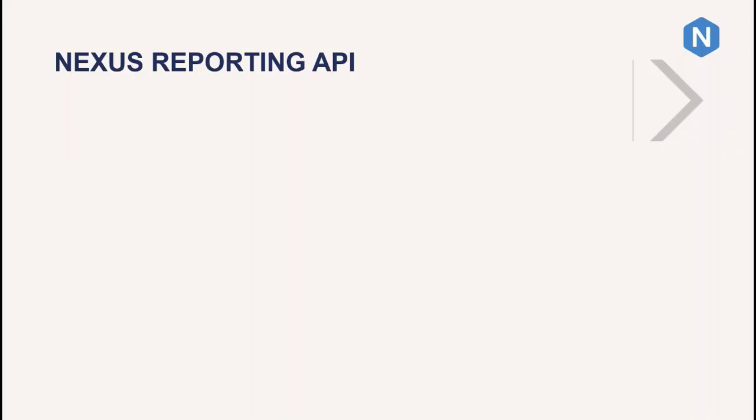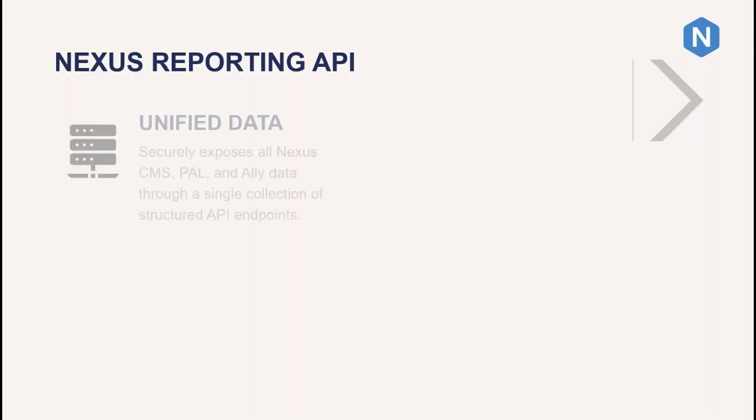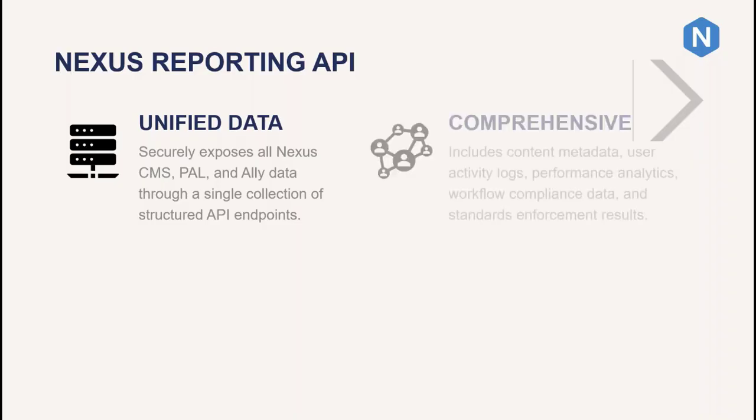We want to make sure that you have 100% transparency. So within this Nexus ecosystem, the CMS, the project activity logger, the Ally data, all of that is collected to a single little collection of API endpoints that lets you get access to all of this information.